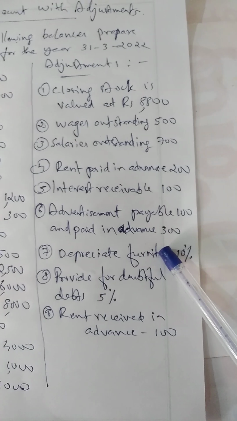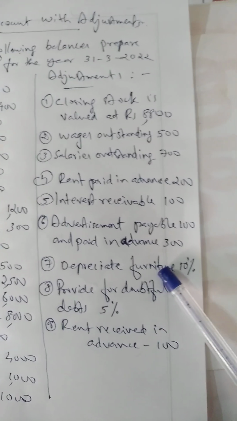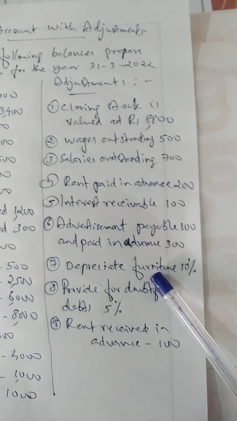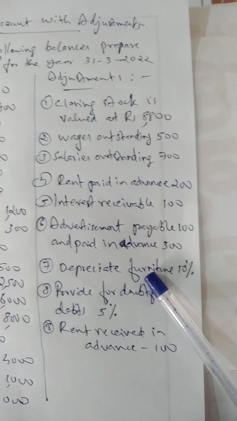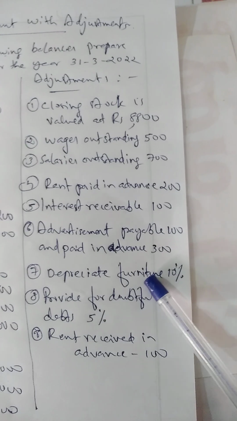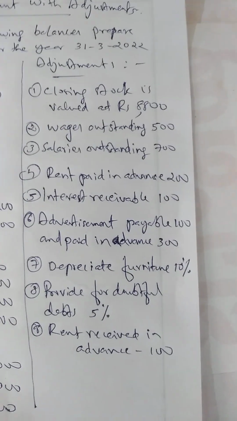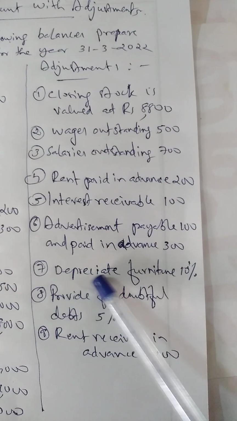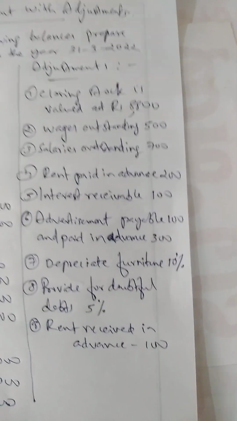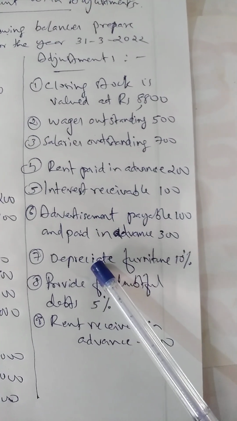Furniture, building, land, machinery. So, several such items may be there. These assets are useful for several years. Such assets are subject to some kind of reduction in their value, which is called depreciation. Due to wear and tear, due to usage, its value may reduce, which is called depreciation.